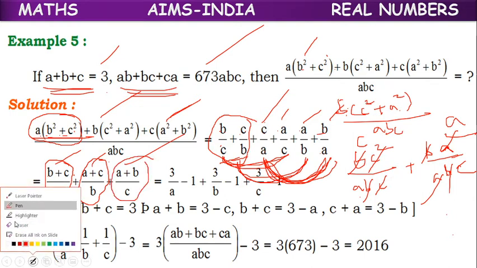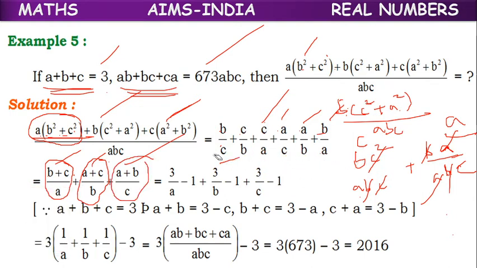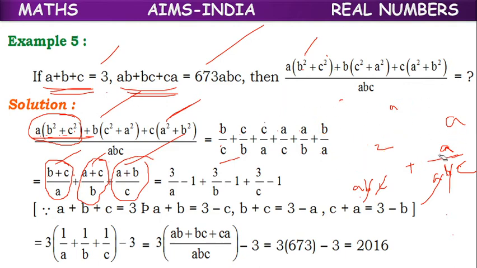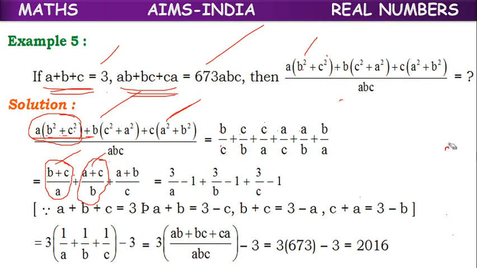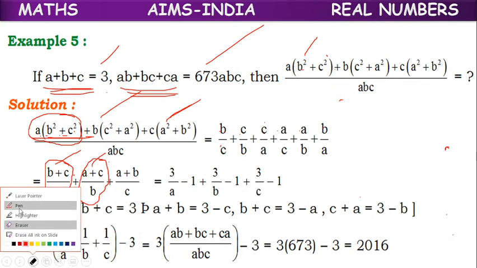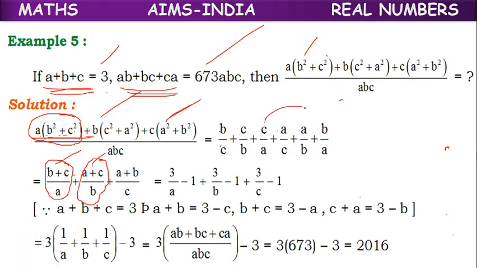Means we have grouped the rational numbers which are having the same denominator. So a denominator became one group, b denominator another group, c denominator another group. 3 groups.